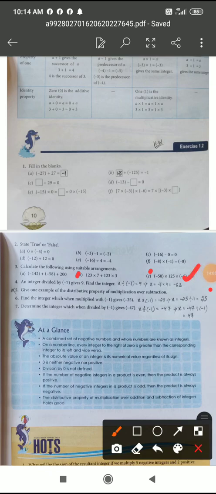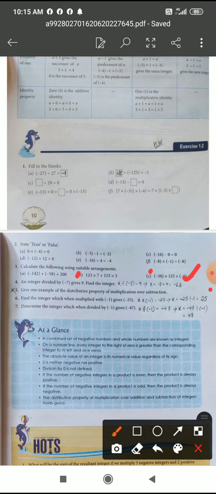Then number seven, determine the integer which when divided by minus 1 gives minus 47. Okay, here just like number four. Unknown integer will be x, then x divided minus 1 equal to, children, minus 47. Then x equal to minus 1 multiply minus 1.